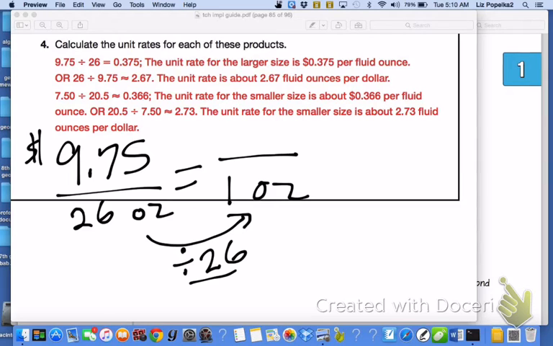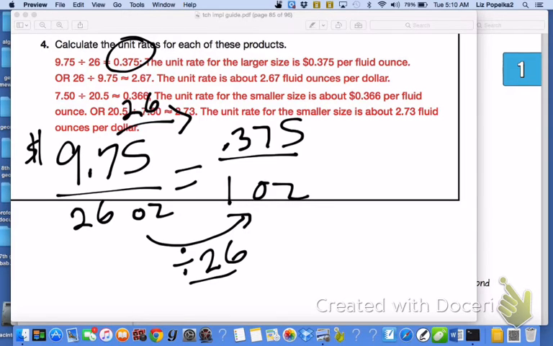So I divided the bottom, the denominator, by 26, which means I need to divide the numerator by 26. So that's where I got that original answer of 0.375, which I rounded to 0.38, because, of course, money only has 2 decimal places.